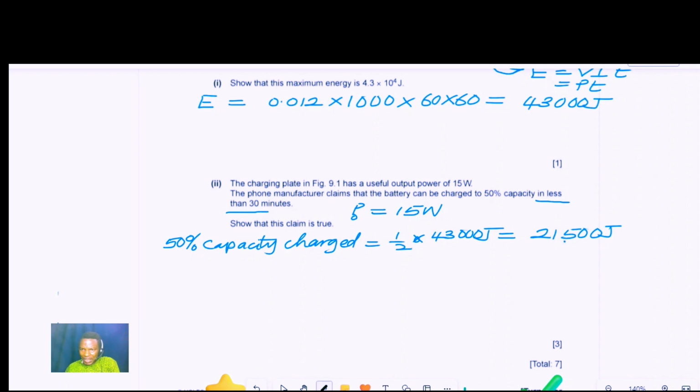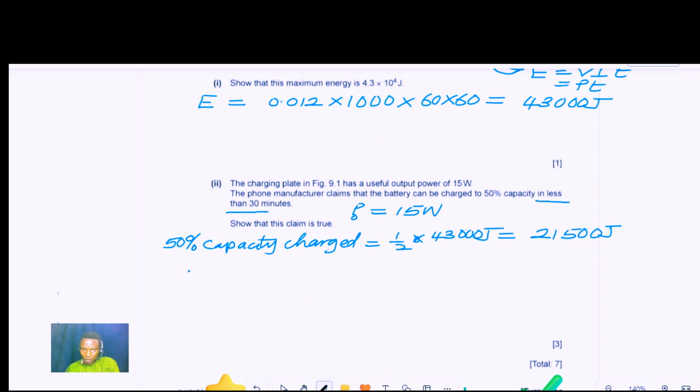Now let's calculate the time it will take for this energy to be stored at this rate. Power is equal to energy over time, the rate of energy dissipation.